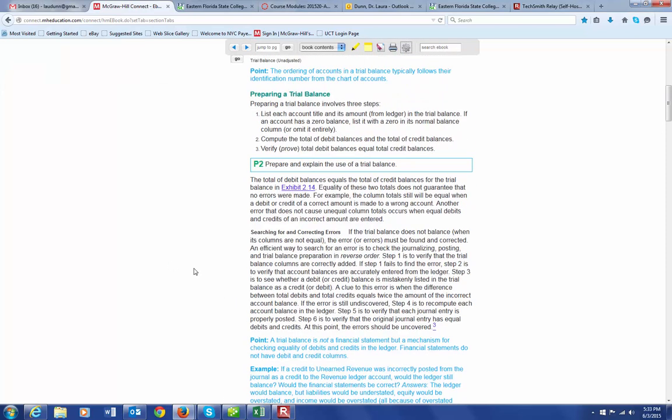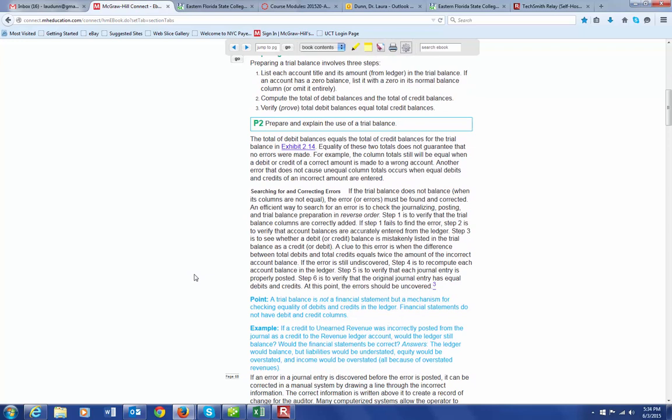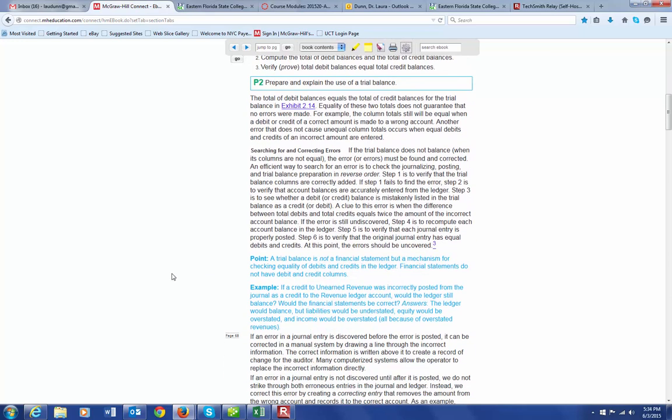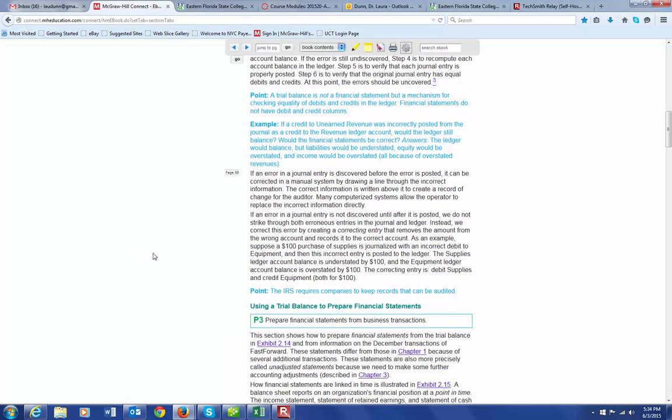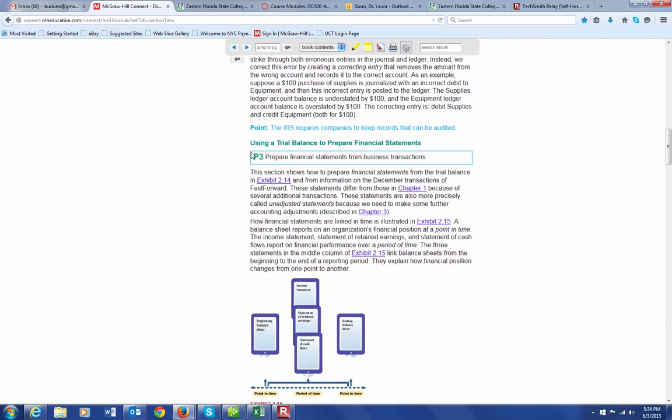Now, if you find out that your trial balance is not in balance, then you've got to fix it. You can't move forward because you have to know where you've made the mistake and correct it. And this next section talks about how you might go about doing that. I'm going to let you read that for yourself. But let's go ahead and look at how you then use that trial balance to prepare your financial statements.